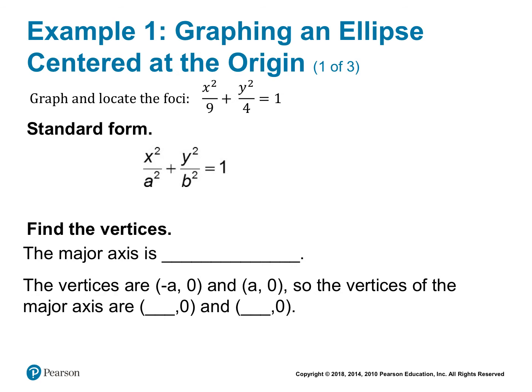So let's start by graphing an ellipse that's centered at the origin. First we're going to graph and locate the foci on this one. If you look back to the standard form, we're going to start by finding the vertices.